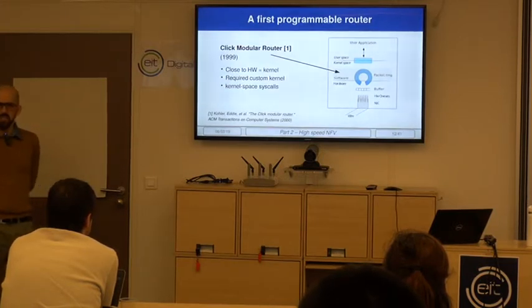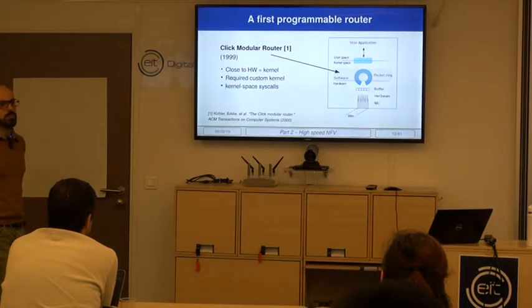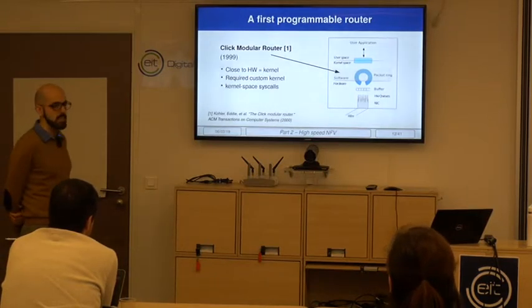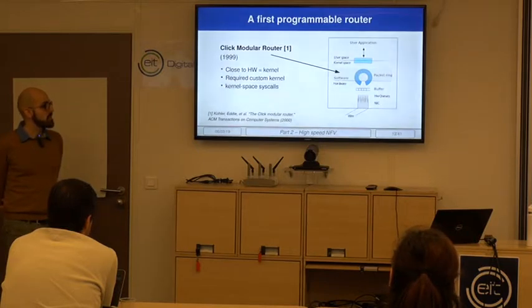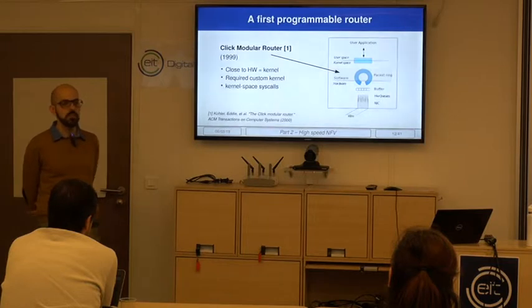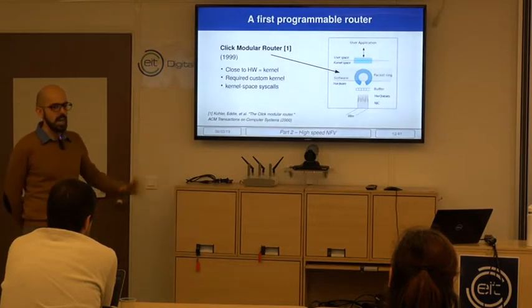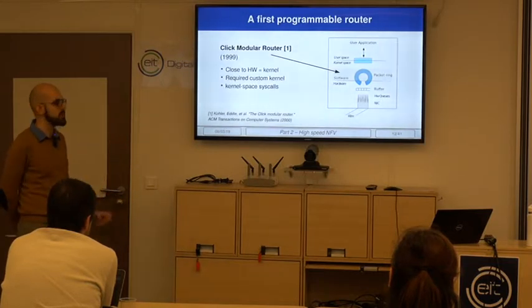In fact, one of the first programs that has been developed to put the networking functionalities on software is the Click modular router, dating 1999. And you can see that at that point, they thought it could be more interesting to put the high-speed part of the processing as close as possible to the hardware.